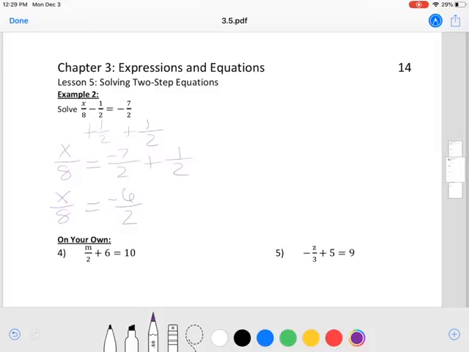And hopefully by looking at that, you guys can see, well, we can simplify negative 6 divided by 2, because negative 6 divided by 2 is just negative 3. Negative 3 times positive 2 is negative 6, so we can just simplify that. So we're left with x divided by 8 equals negative 3.